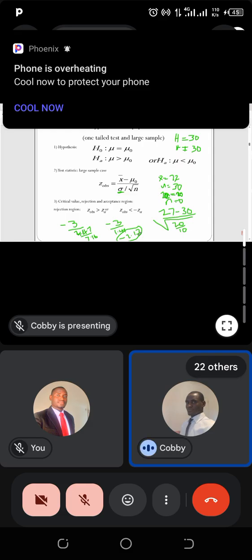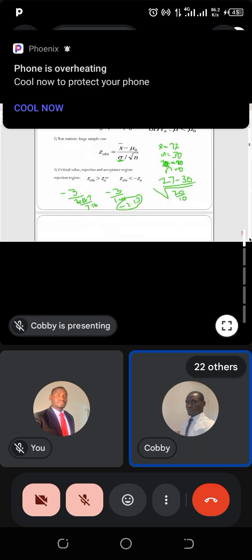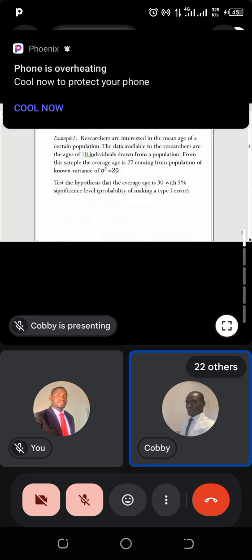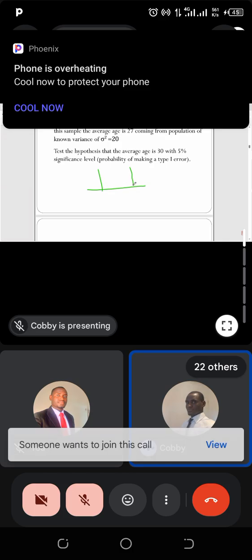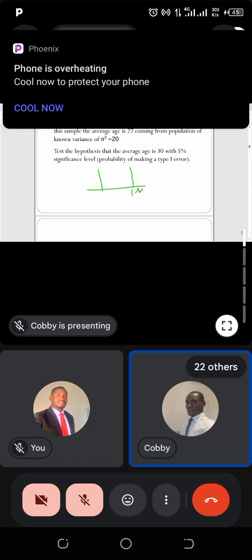So now we look at this value that we have found, negative 2.13 or 2.13. Then compare with the critical value for the Z test, which is 1.96 and negative 1.96. So where do we place the value that we have found?